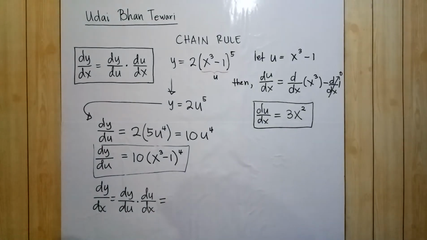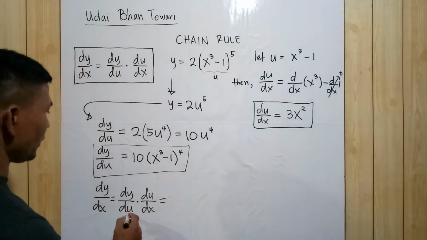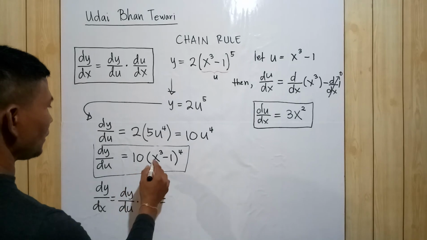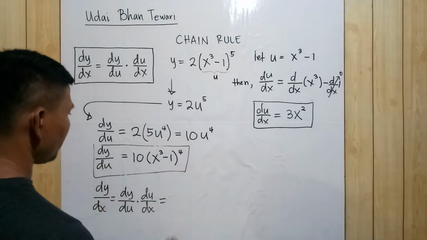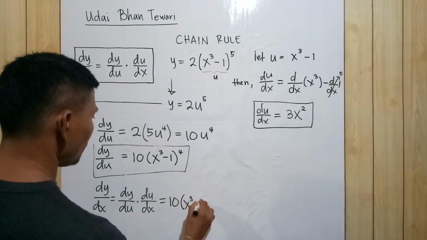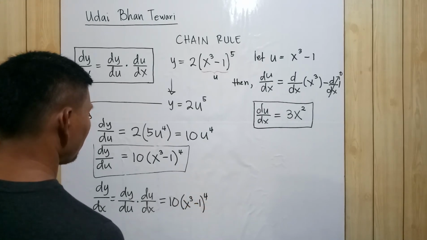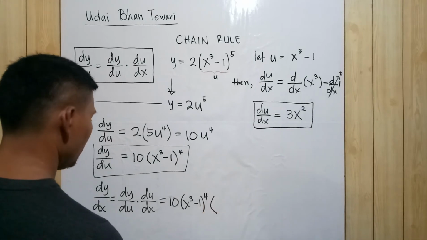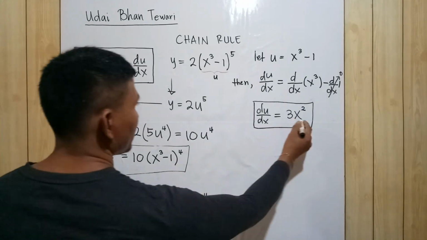Substituting the values that we obtained for our dy du, which is 10 times x cubed minus 1 quantity to the 4th power, and then our du dx, which is 3x squared.